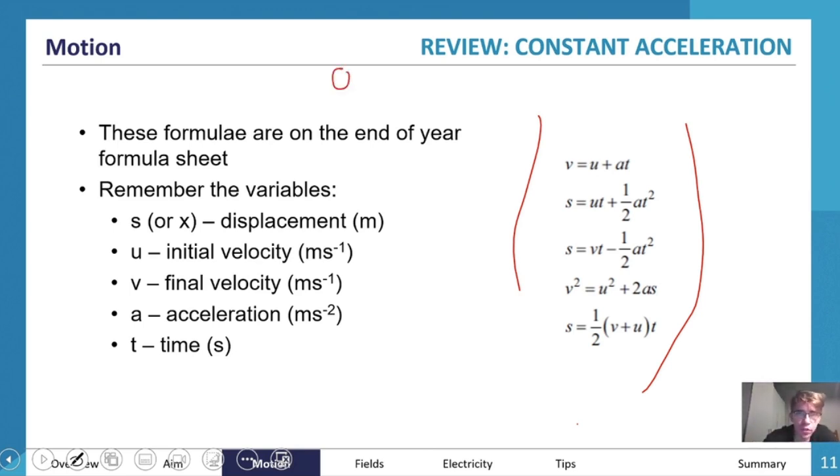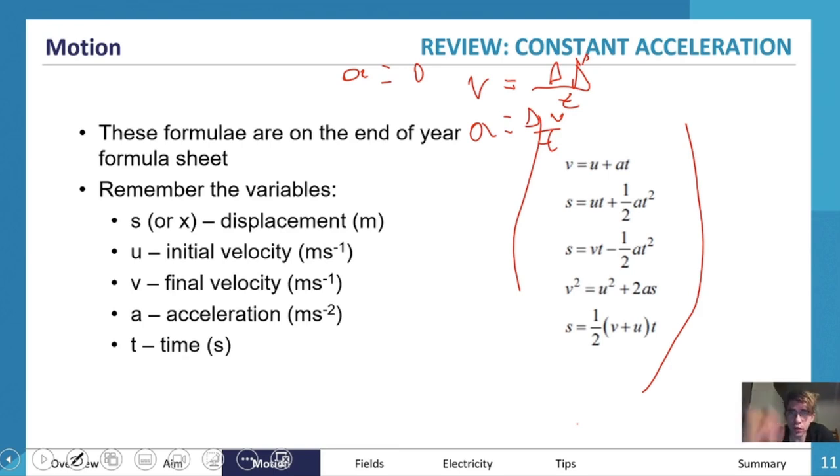Well, when acceleration is equal to 0, the only motion formula that you can actually use is velocity is equal to displacement over time. Because the acceleration is equal to change in velocity over time. So you need to have a change in velocity for there to be acceleration. And if the rate of change in velocity is constant, then acceleration is constant.